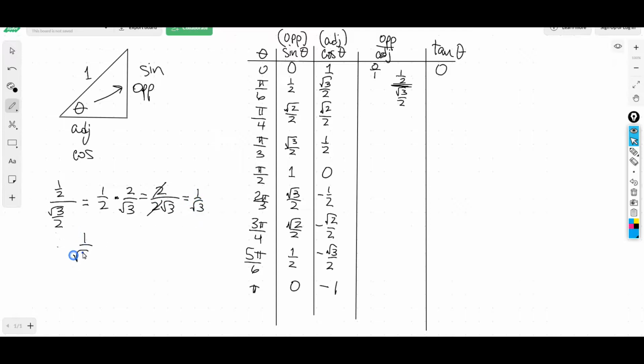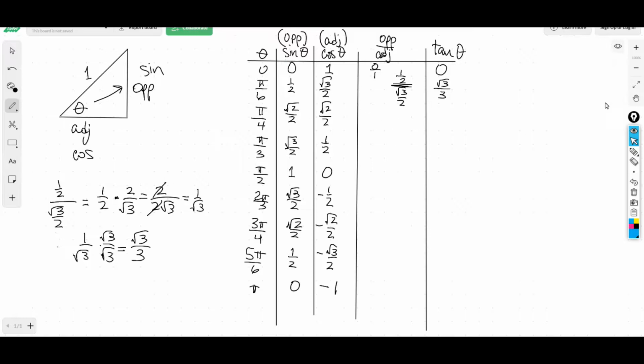But I actually cannot leave it this way. We all know at this point that we need to rationalize that denominator, because otherwise we have a square root in the denominator, and just mathematically that doesn't work for us. So this will simplify to square root of 3 over 3. That's for pi over 6.